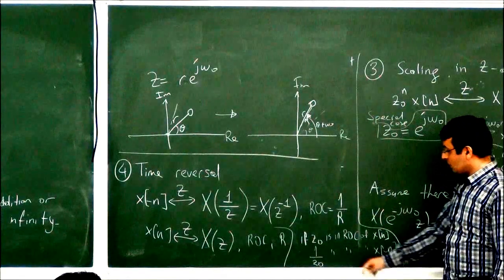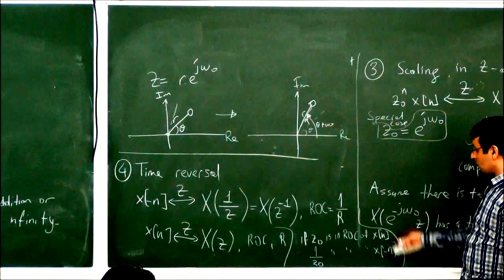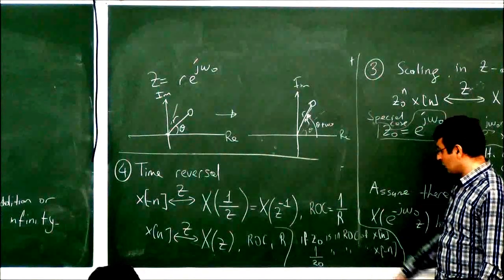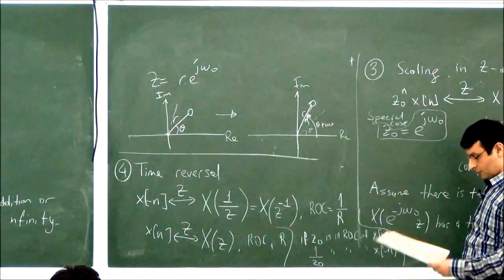As you see, all the poles and zeros are converted, or complemented, to 1 over Z0. If it is Z0, it will be 1 over Z0.